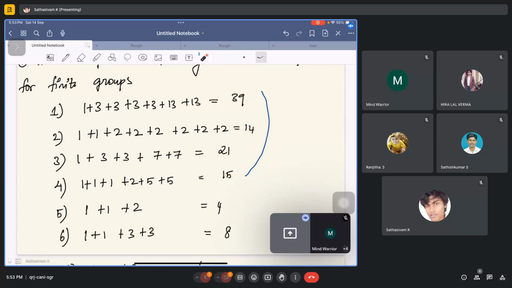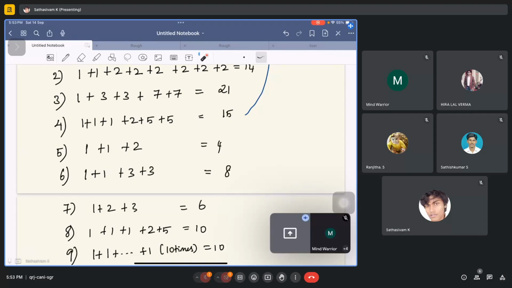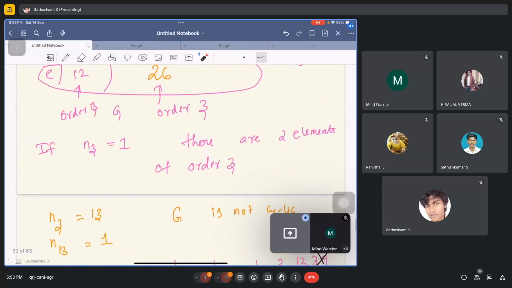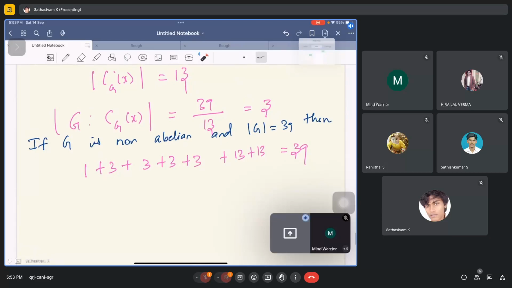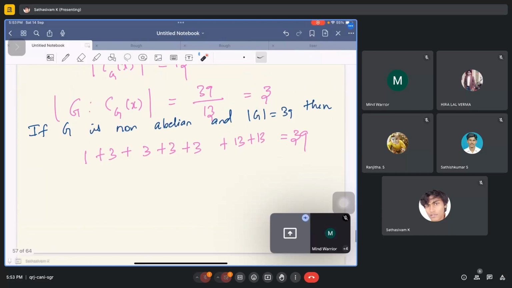But we have done so much. Maybe for the next problem I will take this one rather than doing the same thing again. But I will show a little bit more here. Although what we have proved is that if you have a non-abelian group of this order, this is the classification, what I will show is that such a group does not exist.